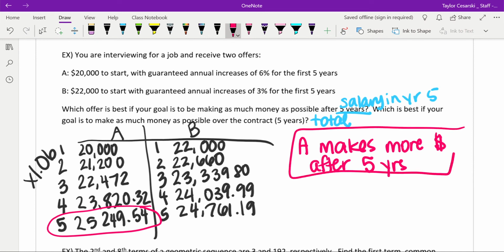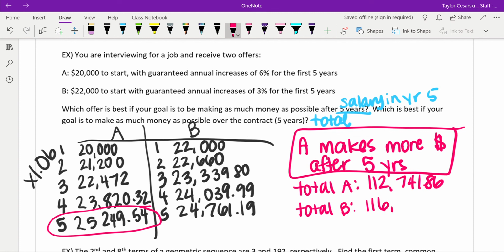Okay. But the second question asks which one makes more money total. So if I were to add up all of these, and if I were to find the total for A and the total for B, which one would make more money? So if I find the total for A, it's 112,741.86, and the total for B is 116,899.